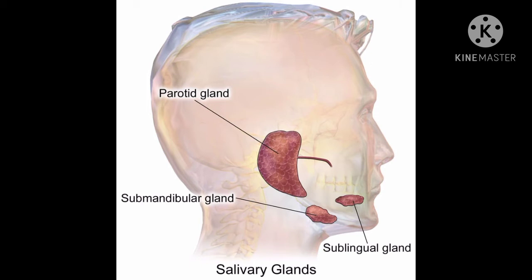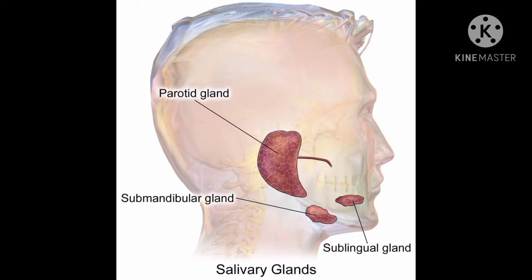These glands were discovered in September 2020. They are located posteriorly in the nasopharynx and nasal cavity.